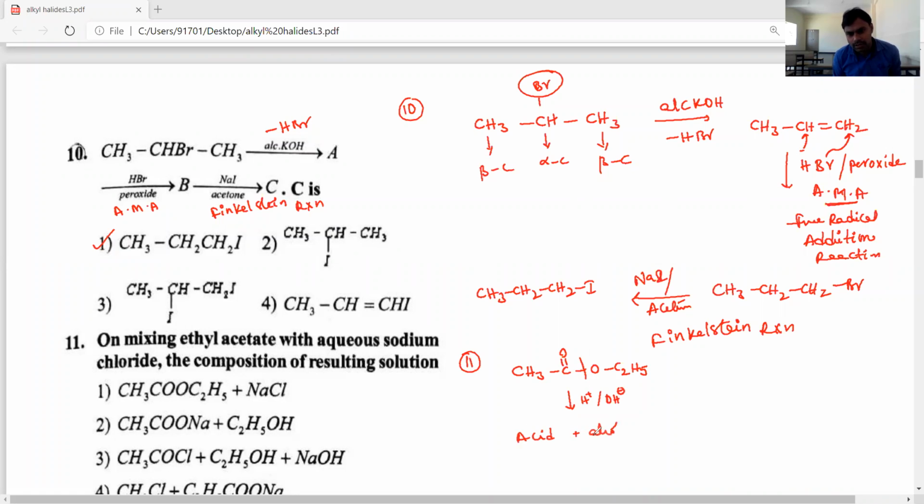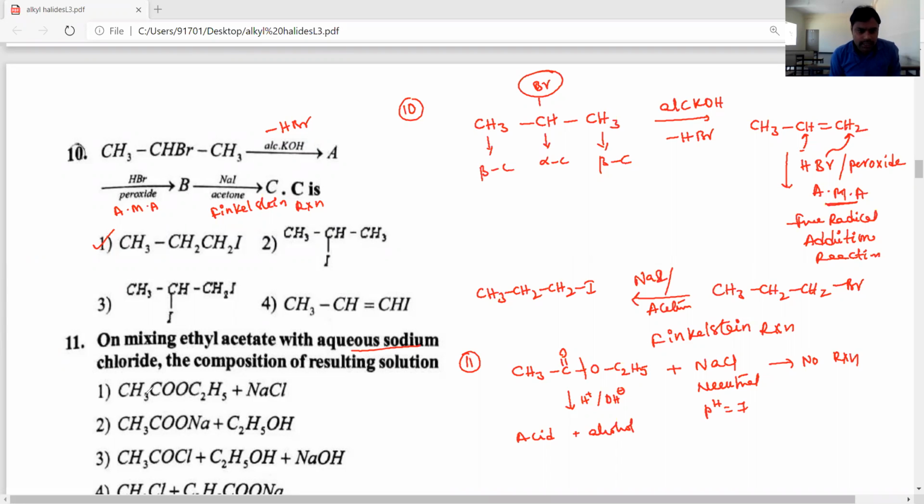But aqueous sodium chloride solution is neutral, pH equal to 7. So no reaction. When you add sodium chloride solution to ethyl acetate, the resultant solution is the same.